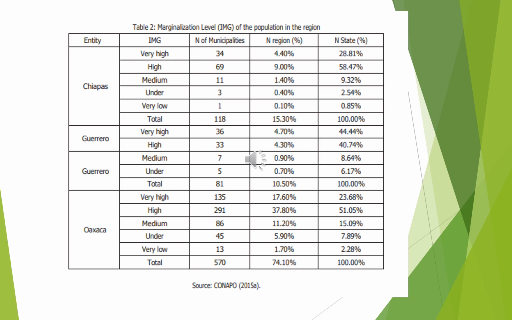You can see that in Chiapas, in total, there are 118 municipalities, in Guerrero, 81, and in Oaxaca, 570 municipalities. This information is from CONAPO in 2015. So at this moment, we are working to update the information.